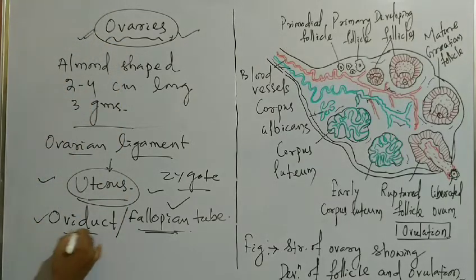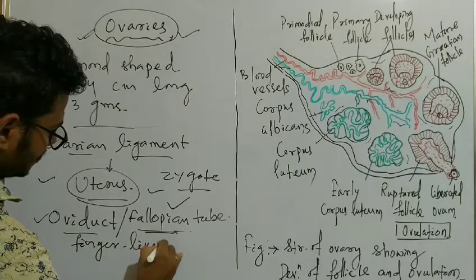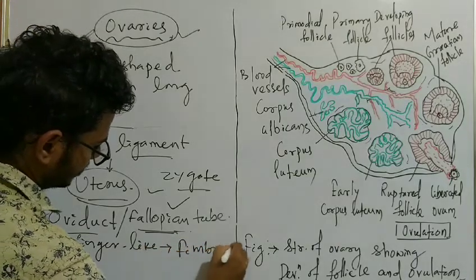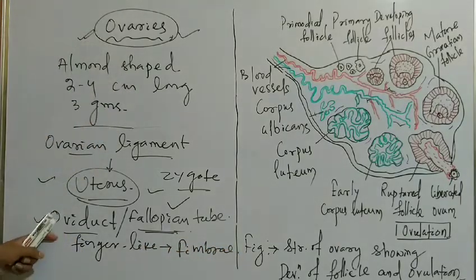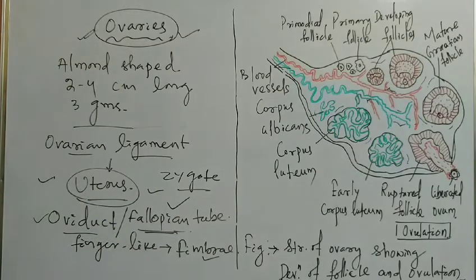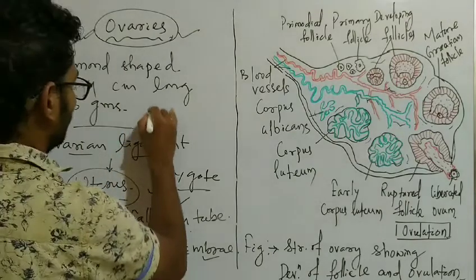They form finger-like structures known as fimbriae. The ovaries are attached with the help of these finger-like fimbriae. They are present on either side of the uterus in the pelvic cavity.